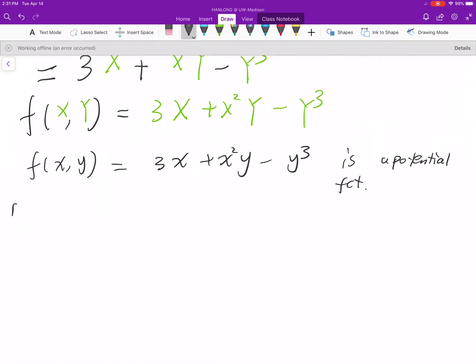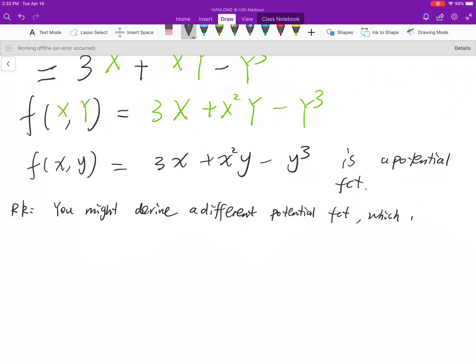Okay, here a small remark. You might derive a different potential function, which is f of xy plus some constant. This is okay.